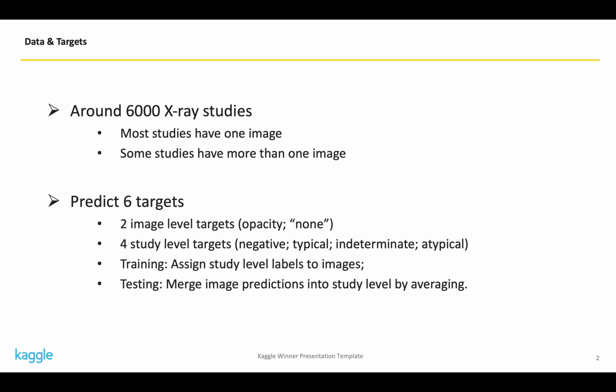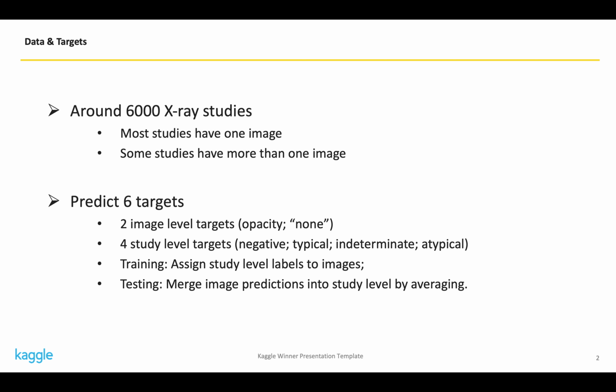There are 2 image level targets: the opacity, which is the only bounding box target, and the non-target, which means the probability of no opacity. There are also 4 study level targets: negative, typical, indeterminate, and atypical.